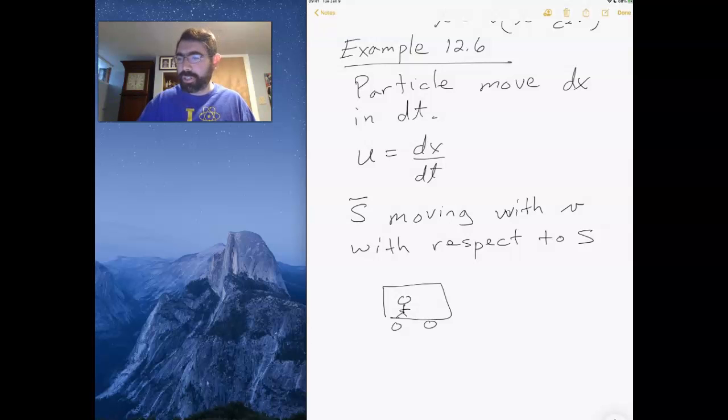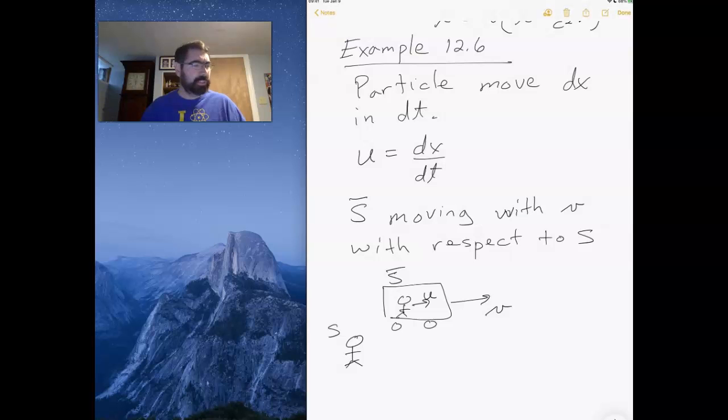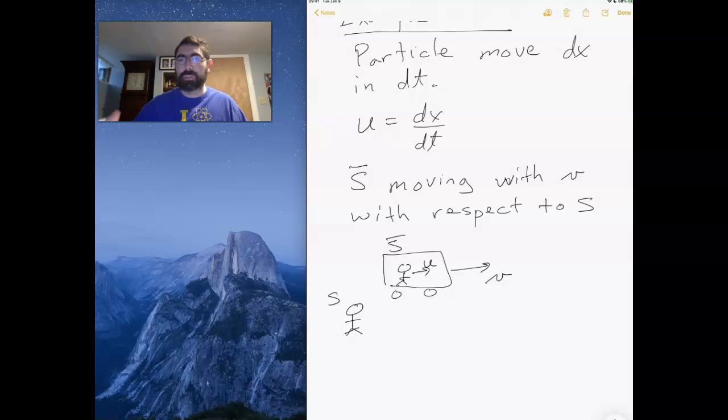Inside this train car, the particle is moving with the velocity u bar, but the train itself is moving with the velocity v, and so this is frame S, this is frame S bar. And so we want to figure out how to add up these velocities, if you have someone moving with a velocity while the frame is moving with a separate velocity.